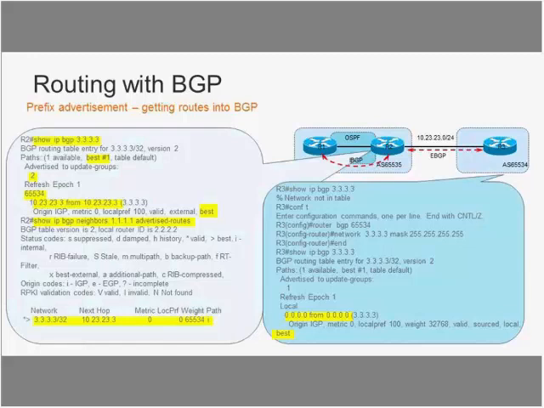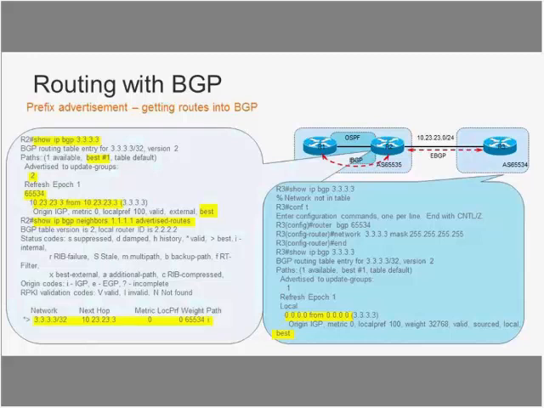If you go to the left-hand side of the output on R2, you will see that the next hop information is shown as 10.23.23.23. So the next hop value is what we receive from the eBGP peer. It is not changed.